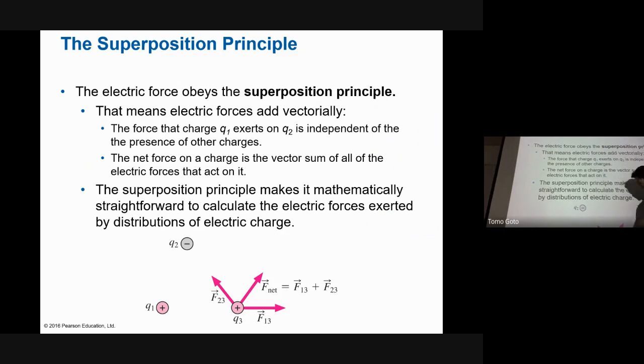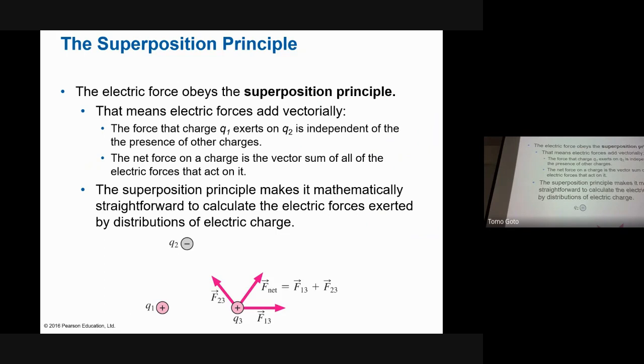So this way, then this way, and then this way, right? Then you add them as vectors, right? So you take the amount of this, the amount of this. Okay, so that's called the superposition principle. So this is easy. If you want to calculate mathematically, it's easy.